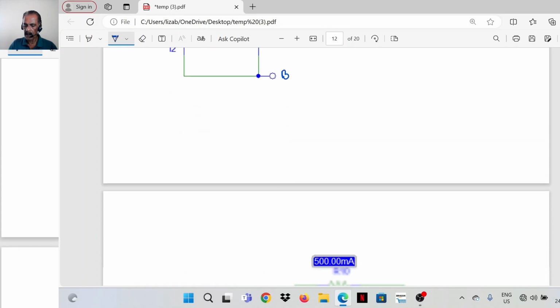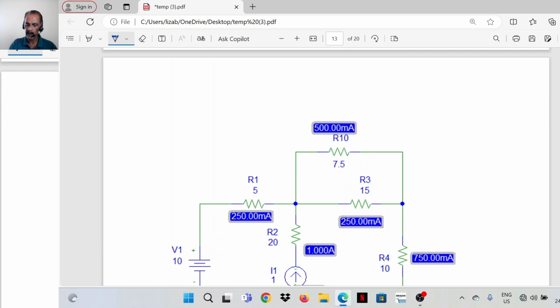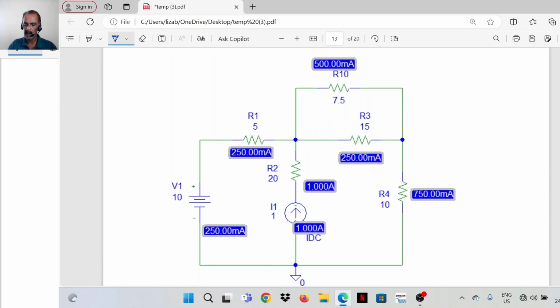If you connect a load, for example a 7.5 ohm load resistance across A and B, this is the simulation result: the current is 0.5 ampere.